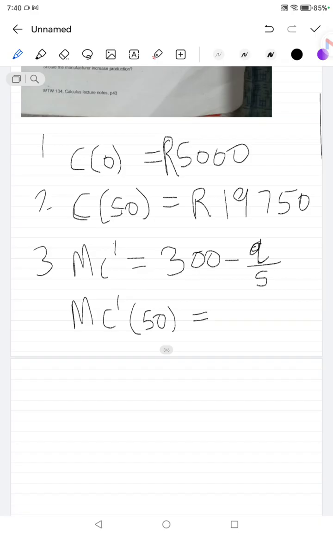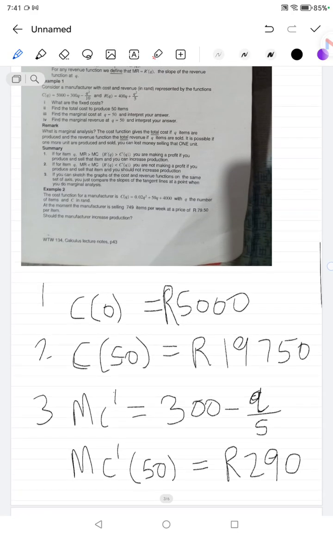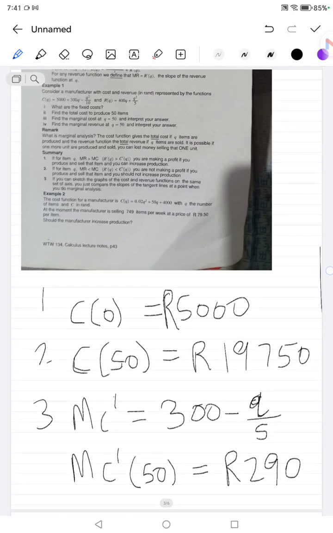When you see your Q, you just put 50. It's 290. Then you have 290. You see? Then you go and check that, okay, find the marginal cost at Q equals 50.